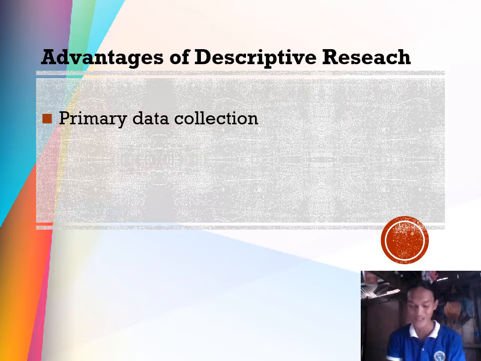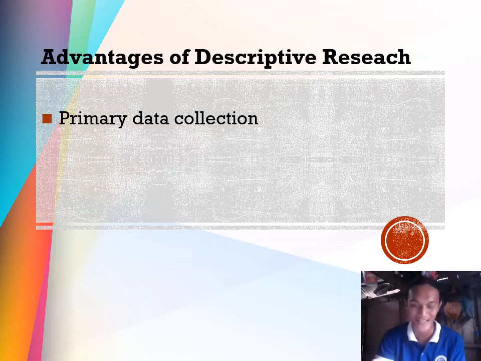In descriptive research, the data is collected through primary data collection methods such as case studies, observational methods, and surveys. That's the primary data collection. This kind of data collection provides us with rich information and can be used for future research as well.